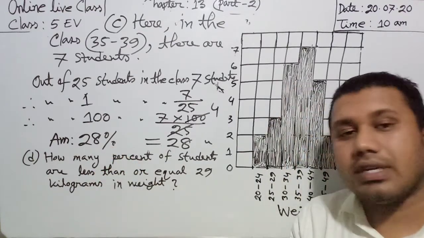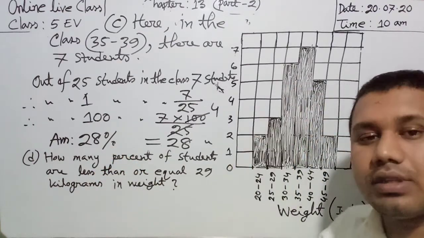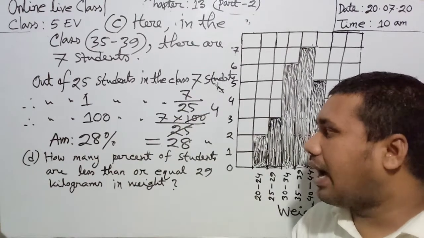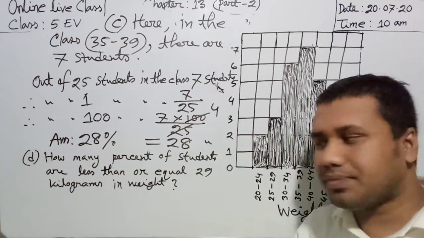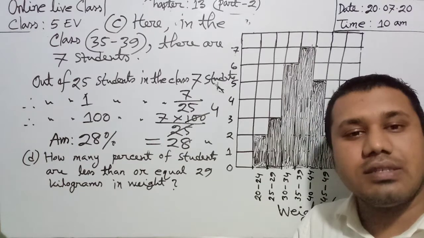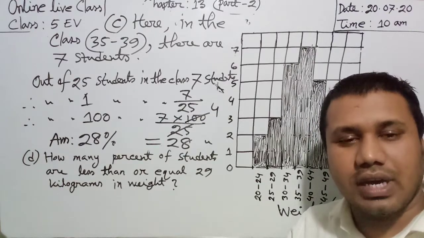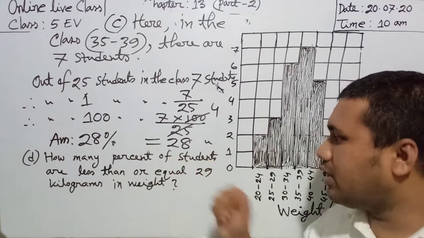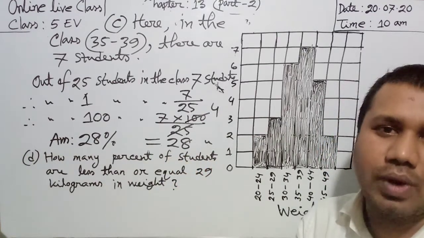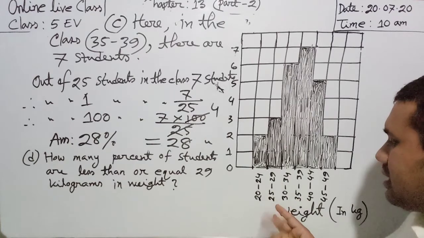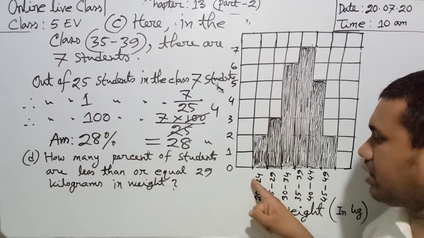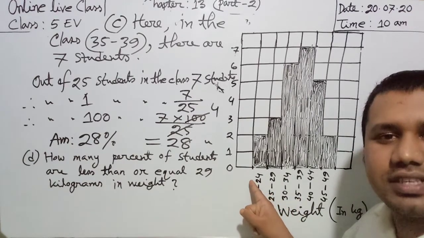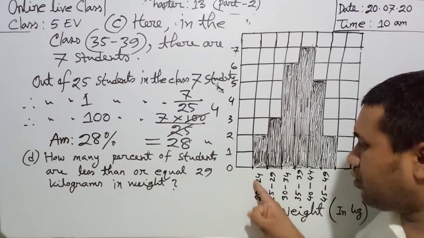Now dear students, our last question, D number, according to this histogram, how many percent of students are less than or equal, look, there are two options, less than or equal 29 kilograms in weight. Now dear students, in the class interval, look, this is 20 to 24 kg, that means kilogram, 20 to 24.